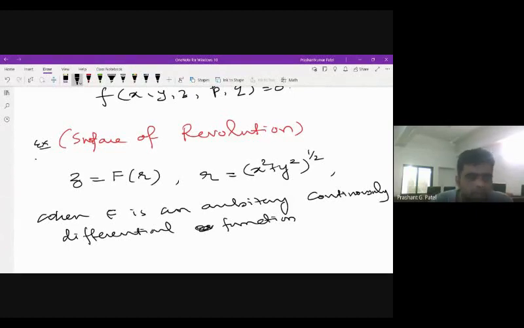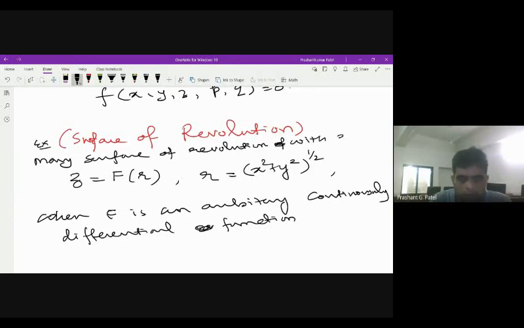So I can say that many surfaces of revolution with the z-axis as the axis of revolution are of this form.